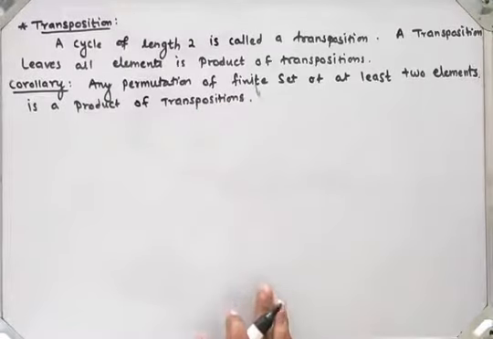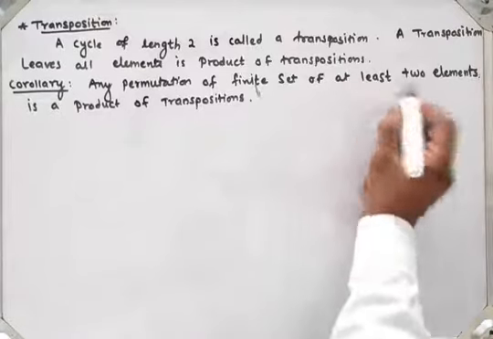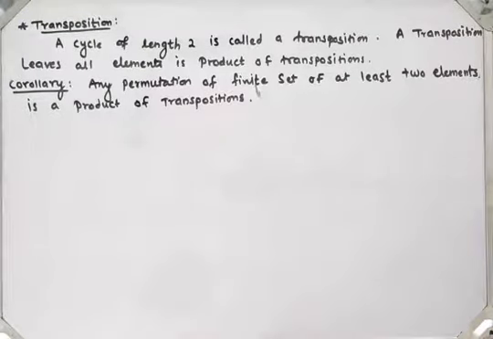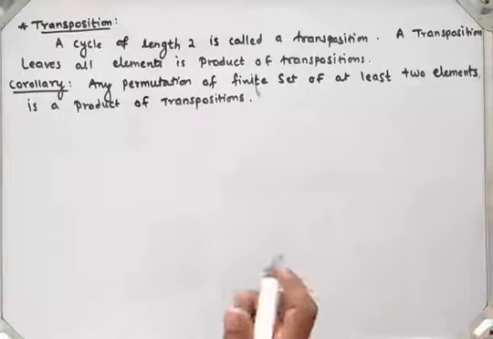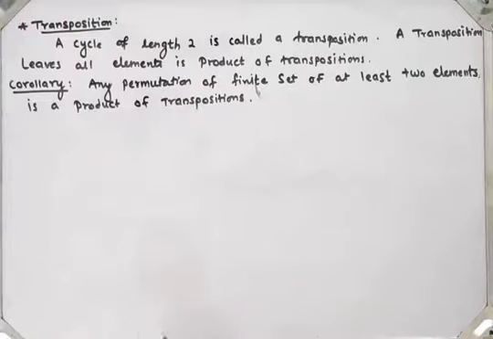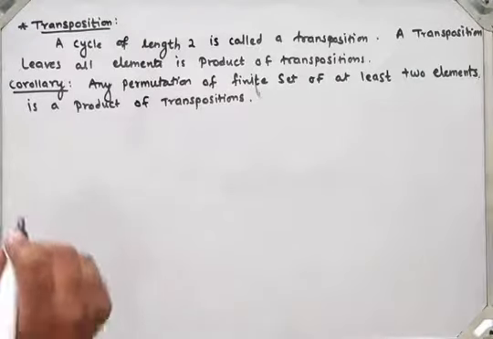Means if we have a cycle which has at least two elements, it can be written as a product of transpositions. So we will prove this.